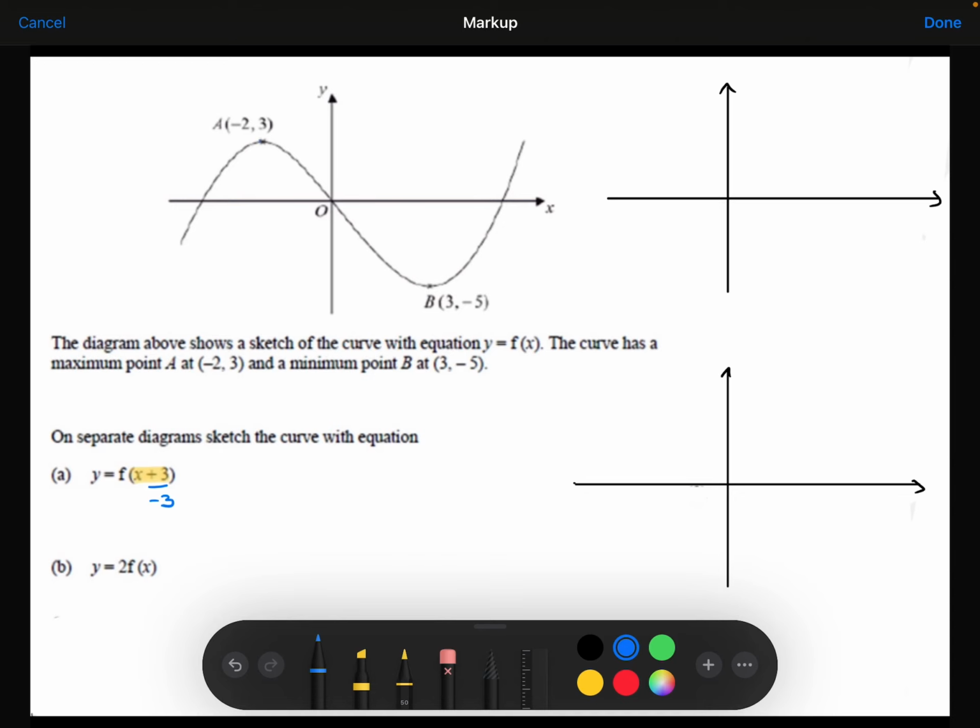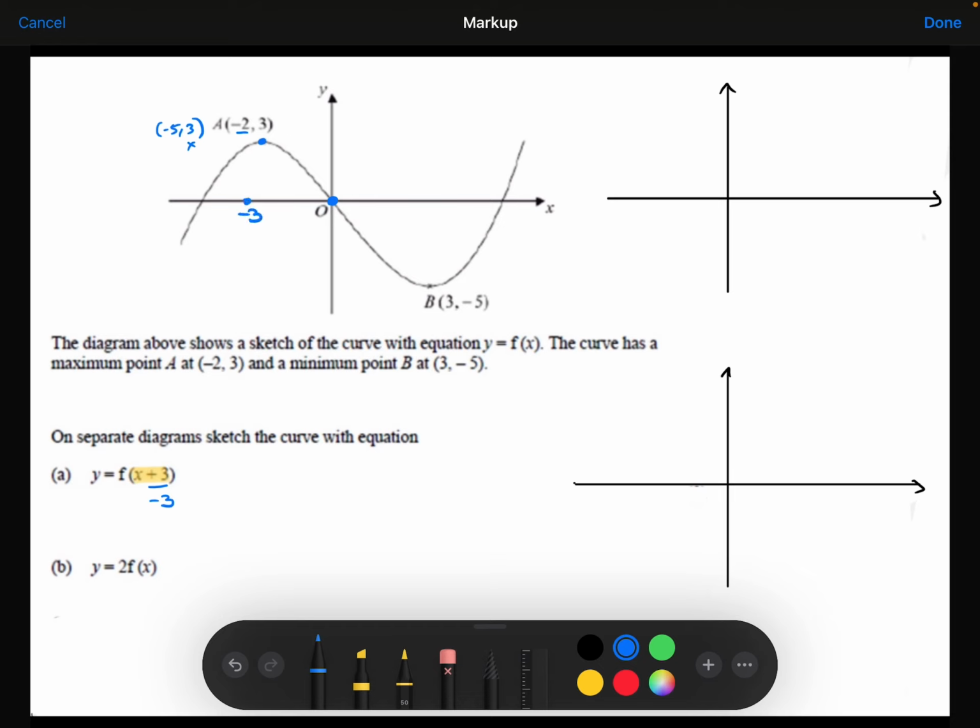So our point A, that did have an x coordinate of minus 2, is now going to have an x coordinate of minus 5. Where it previously passed through the origin, it's now going to pass through at the point minus 3.